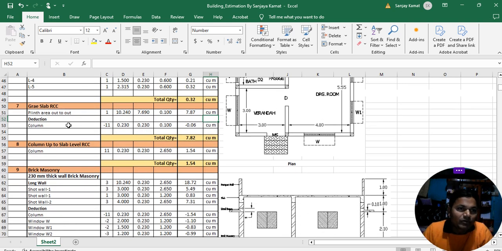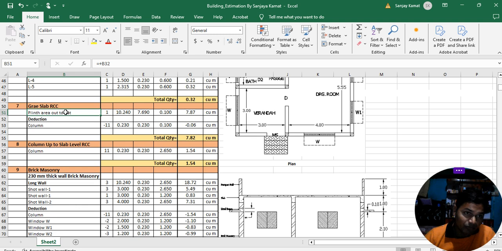Now coming to point number 4, we are going to estimate the slab, the RCC slab. In any house you can see the slab. The slab is at the top of the house, where the fan is kept and supported.